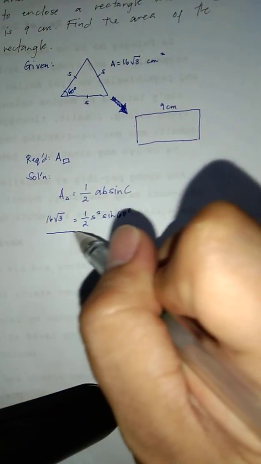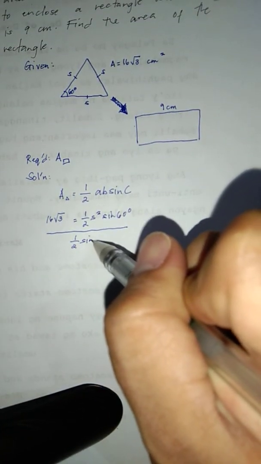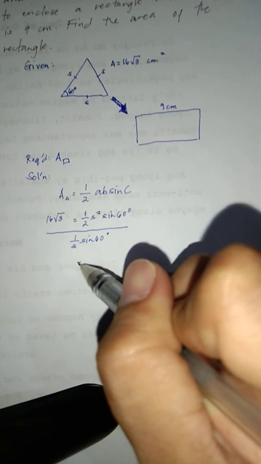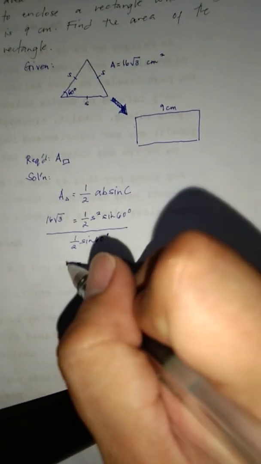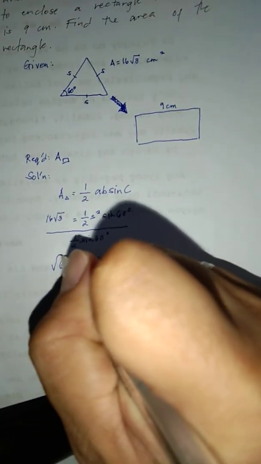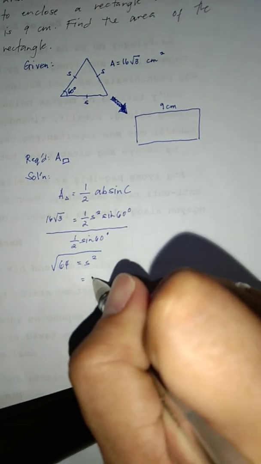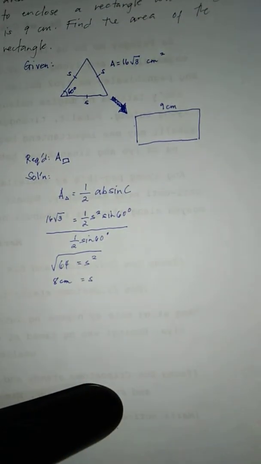If we divide everything by 1/2 sine 60 degrees, we get 64 equals S squared. Taking the square root, we get S equals 8 centimeters.